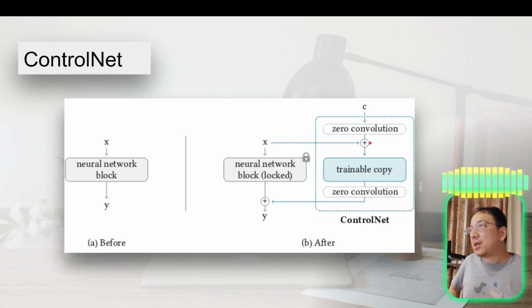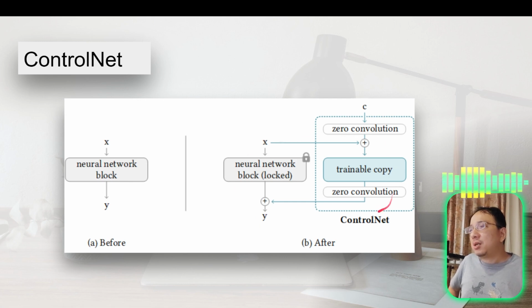So we add the output of this zero convolution to X and feed it into the trainable copy. And we do the zero convolution on the output of the trainable copy again and add it back into the output of the original network block and get our modified output.